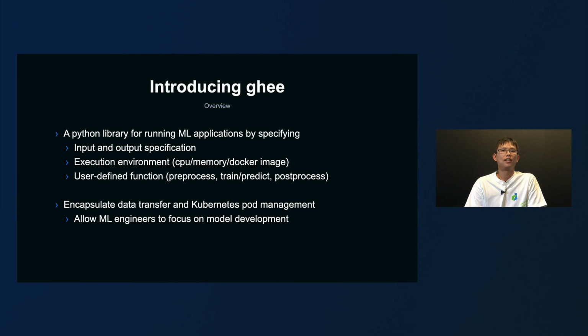For example, the CPU, memory, and Docker image that the user wants to use. Third is the most important, the Python program that the user wants to execute, such as pre-processing function and training loops. By specifying these, the user can run the machine learning application. Ghee will handle the transfer of data and Kubernetes management in the backend. So machine learning engineers can just focus on model development.